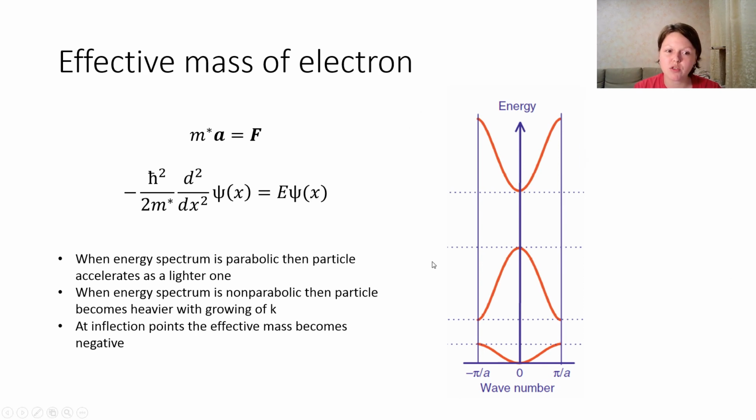When the energy spectrum is parabolic, here or here, the particle accelerates as a lighter one, lighter than in free space. But when the energy spectrum is not parabolic, for example, when the value of the wave number is really very big, then the particle becomes heavier. And the larger the wave number, the heavier the particle will be.